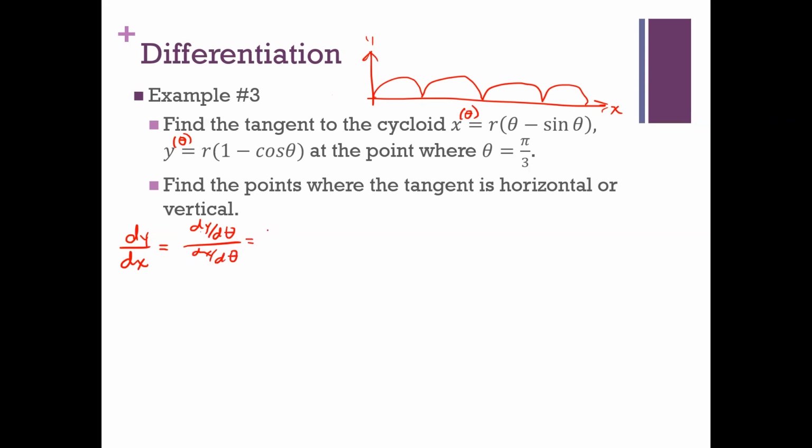We said r sine theta. What is dx/d theta? R times something. 1 minus cosine theta, which means dy/dx is equal to sine theta over 1 minus cosine theta.